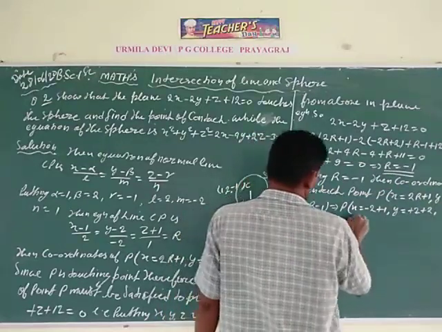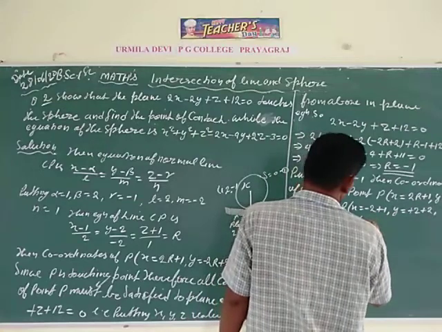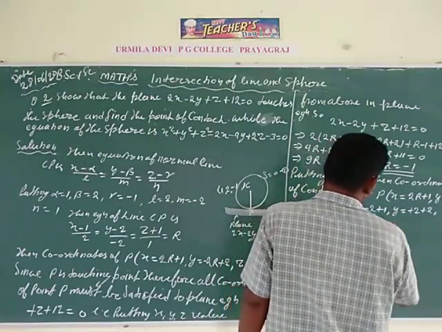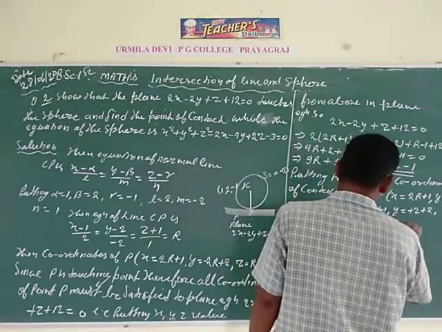It is implied that P coordinates are minus 1, 4 and minus 2.